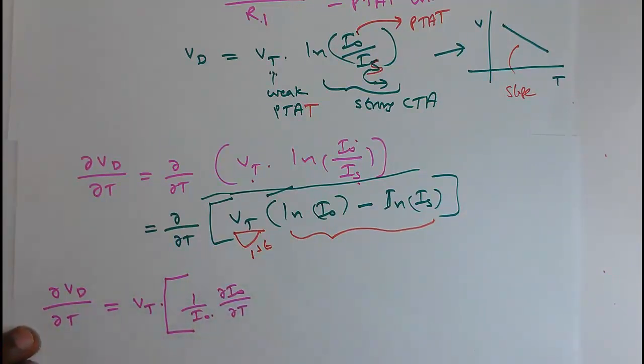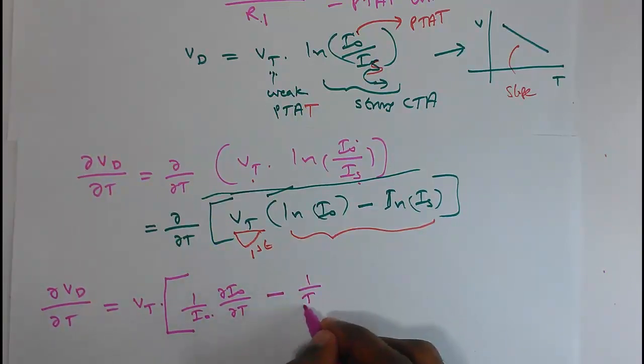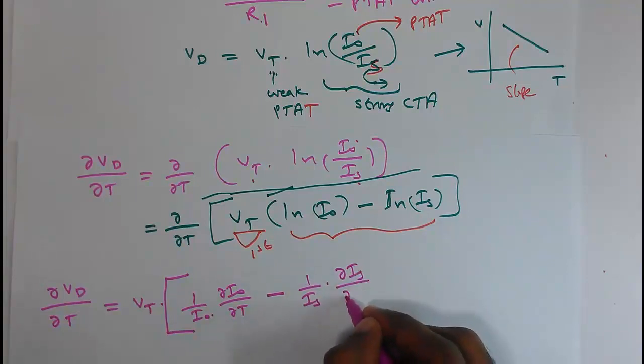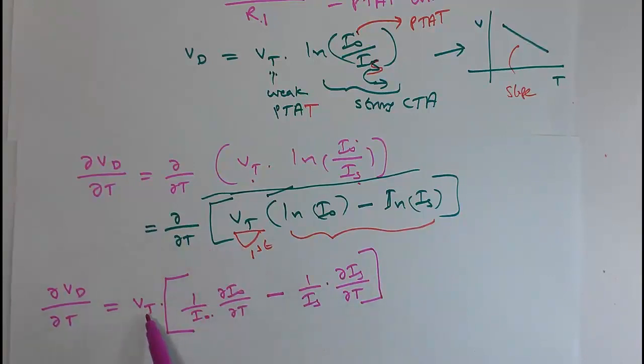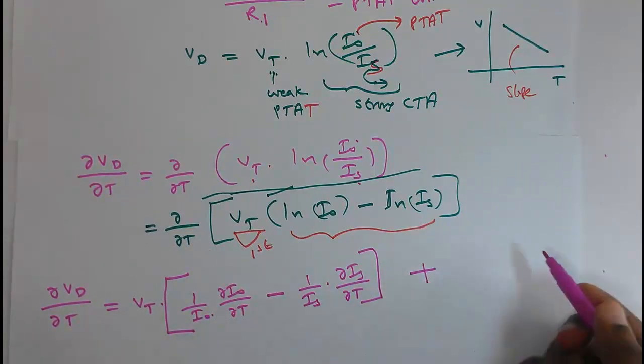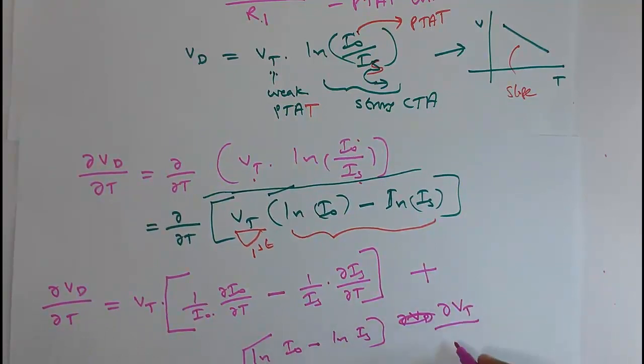Initially we assumed ∂I0/∂t is 0, but now that is not the case; we saw I0 is varying with respect to temperature and it is a PTAT. Minus 1/Is into ∂Is/∂t. So the first term is over. Then the second function, ln I0 minus ln Is, into the differential of the first, which is ∂Vt/∂t.